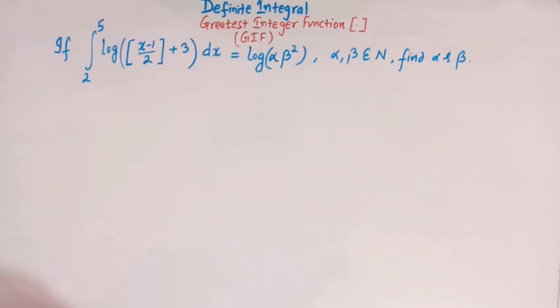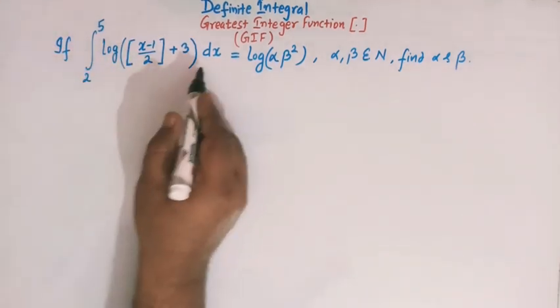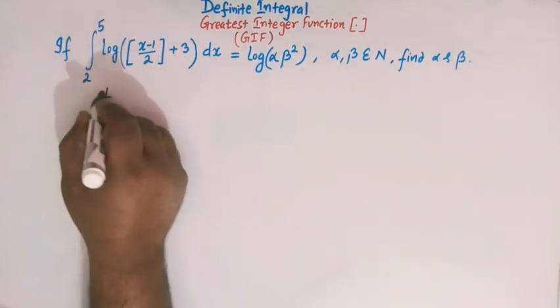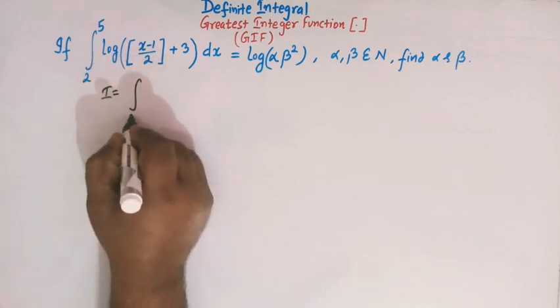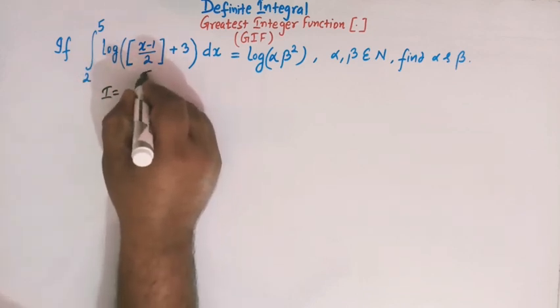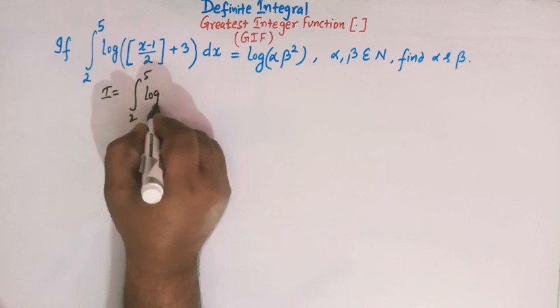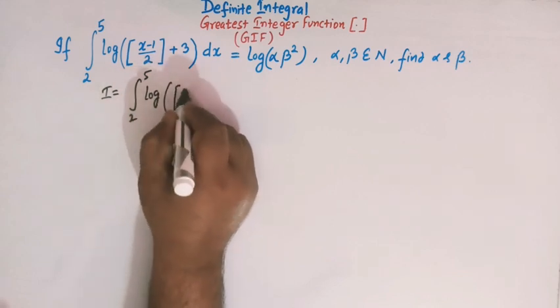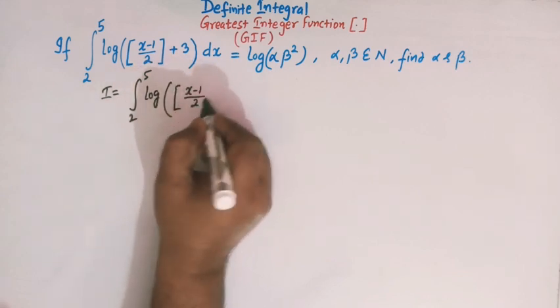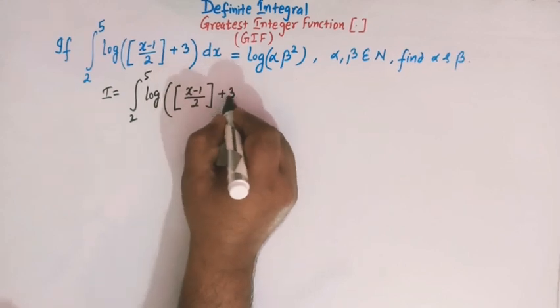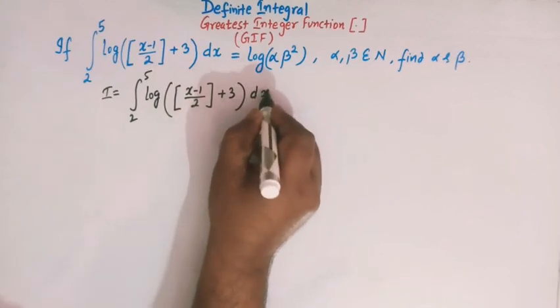So let us start. Let us assume that this integral is equal to I. So we have the integral from 2 to 5 of log of greatest integer of (x minus 1) over 2 plus 3, dx.